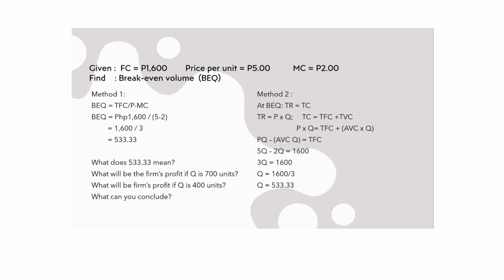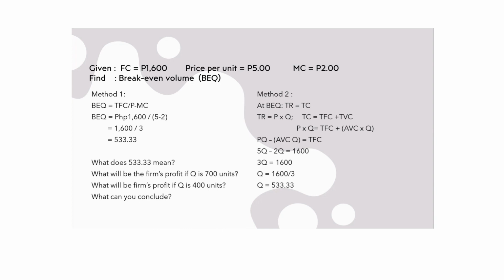Applying the formula, the break-even quantity is therefore 533.33, which means that at this output level, the firm is neither losing nor gaining any profit. For the firm to start earning profit, it has to produce more than 533.33.